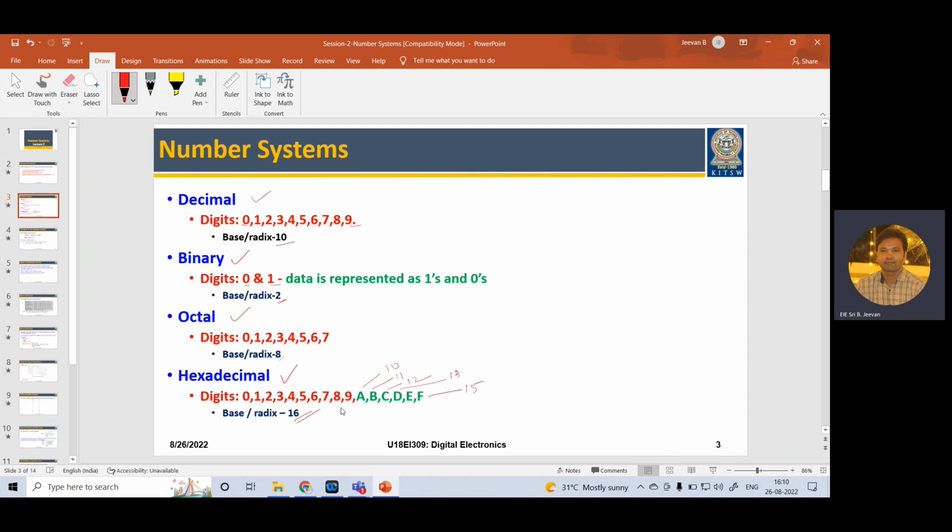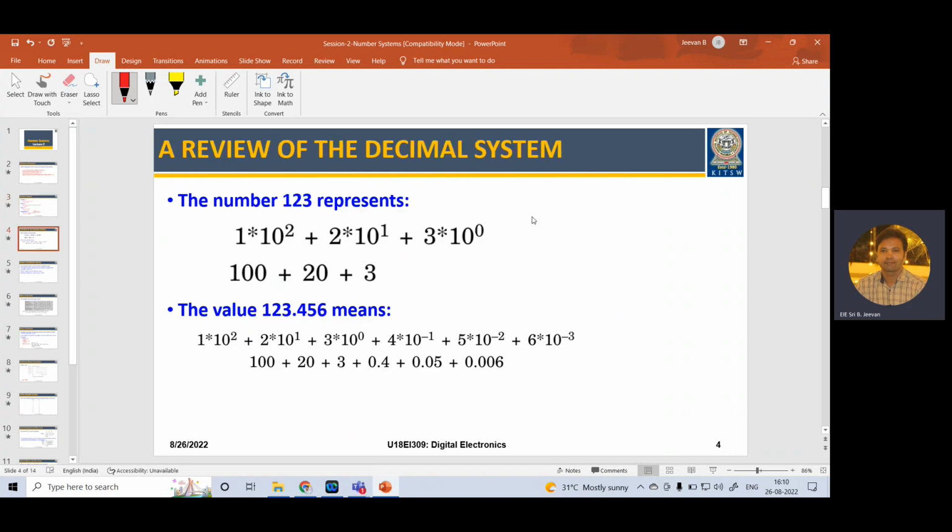And the base is 16. So this is how the hexadecimal number system is represented. These are the four basic number systems: decimal, binary, octal, and hexadecimal. Of course, the base also gets varied according to the version.